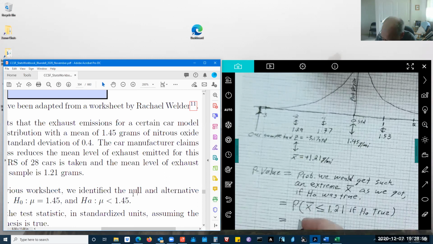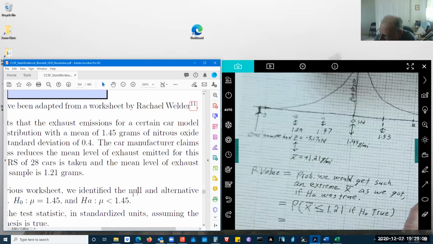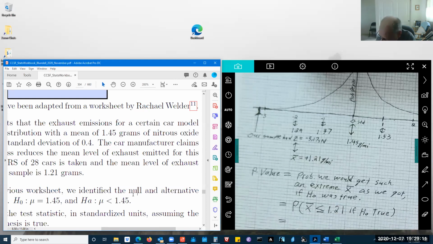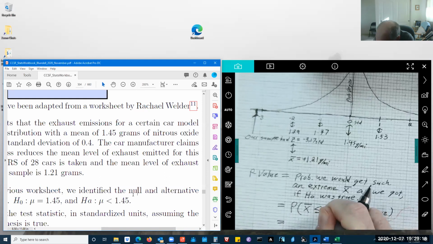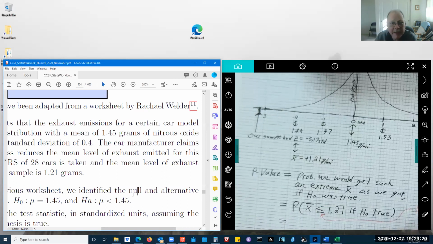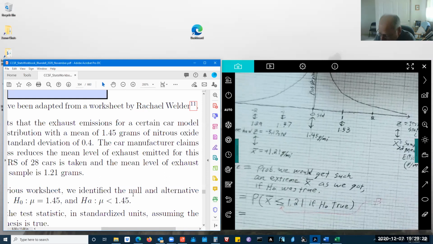Okay. And why did I use this less than? Doesn't matter whether you include the equals, you get the same probability either way. But why am I going, it's because of the null hypothesis. I said no, I meant alternative hypothesis.